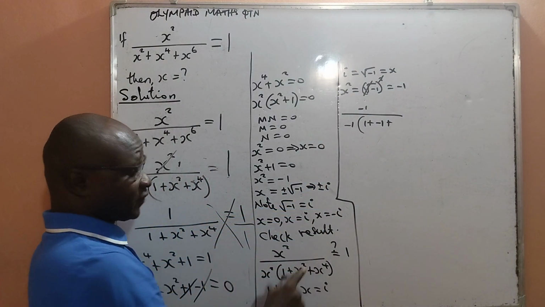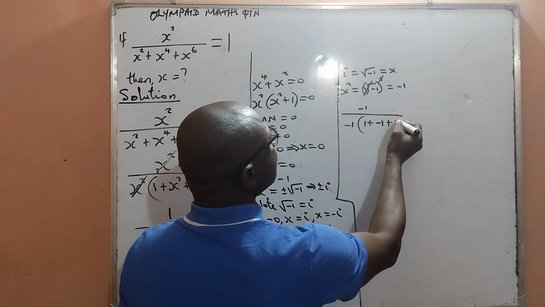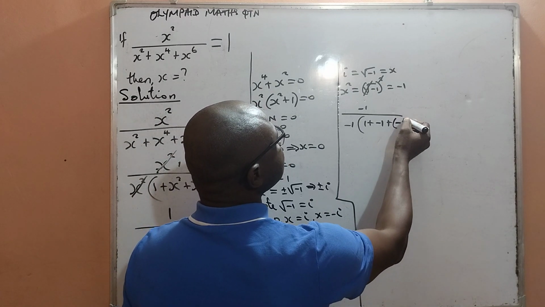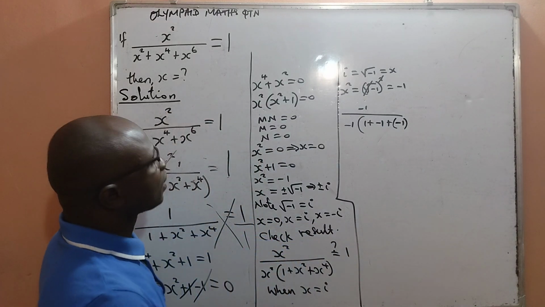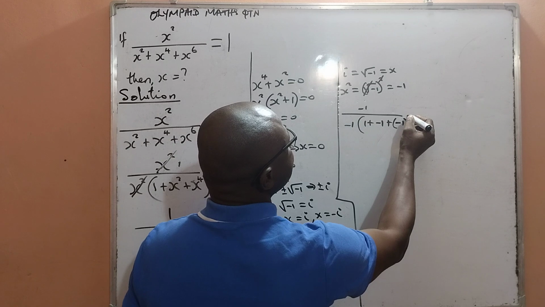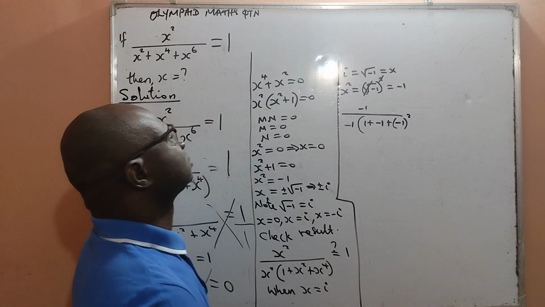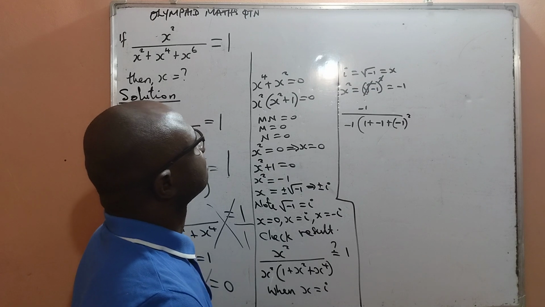So x to the power of 4 will now be -1 raised to the power x squared is -1. So raised to the power 2.